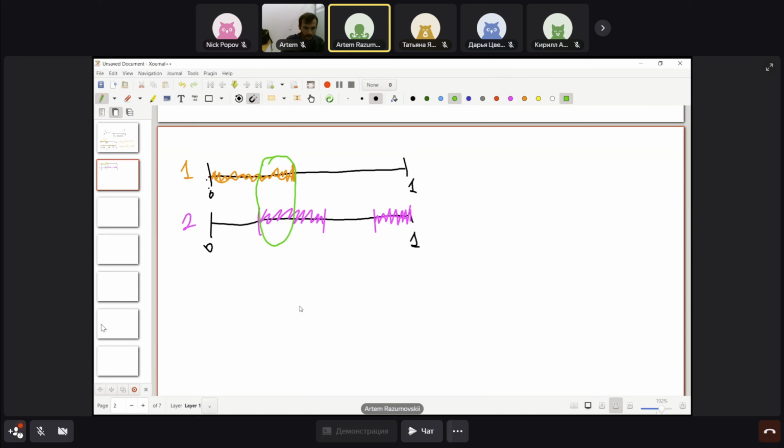Then I will remind you what minimal and maximal differentiation are. Minimal differentiation is that if we take the first and second, let's say I have this one for the first and that for the second, so this is I2, this is I1.